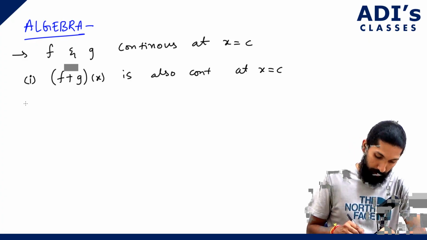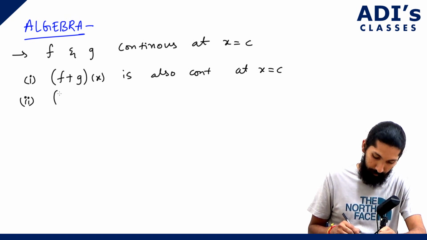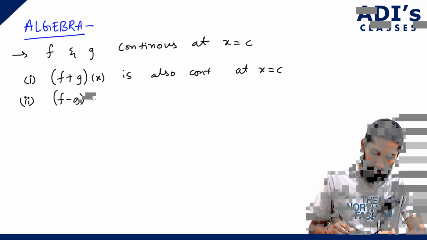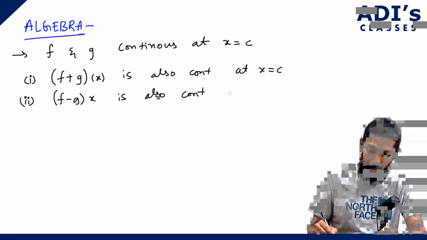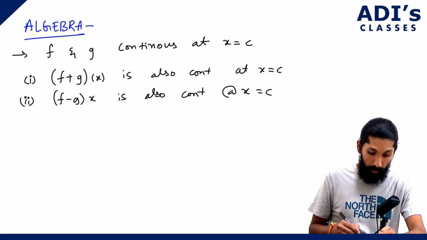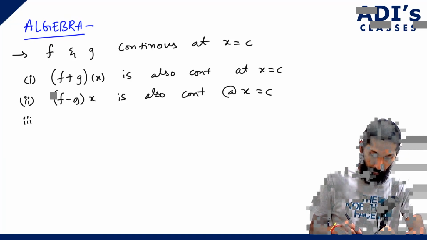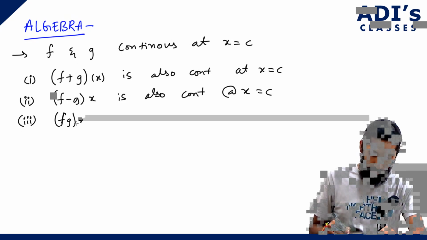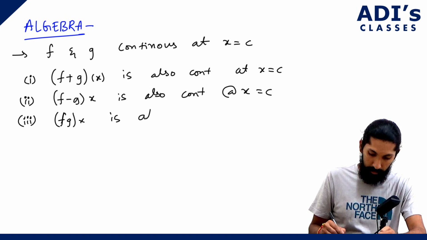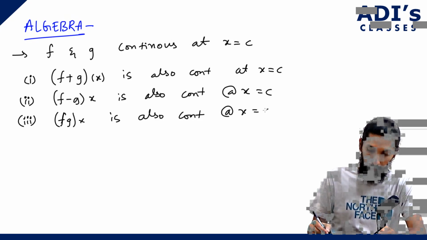Alright, then the second one, f minus g, subtraction. This is also continuous at x is equal to c. Then the third one is the product, f into g of x, is also continuous, again at x is equal to c.